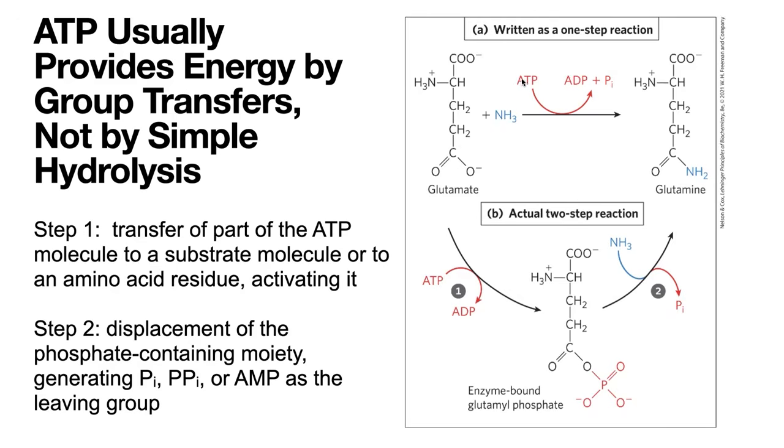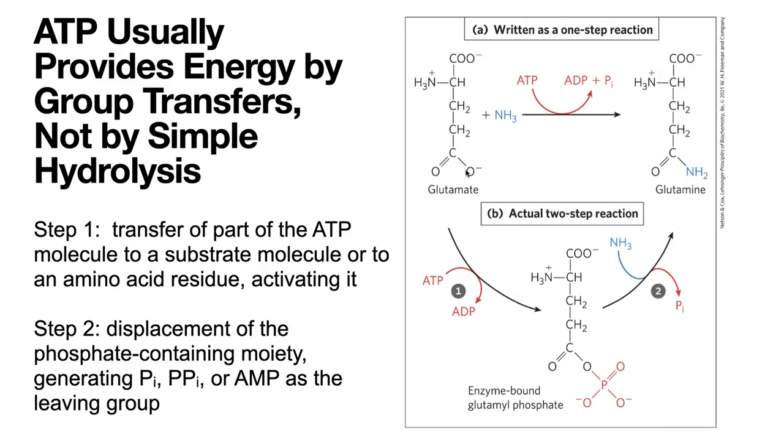You do it with the help of ATP, which is the power from the ATP hydrolysis, but not directly as ATP hydrolysis with water, is going to allow you to add this amino group where you had an oxygen here. So basically, you want to kick out this oxygen and replace it with a nitrogen in order to go from glutamate, which has a carboxylate group, to glutamine, which has the amide group.